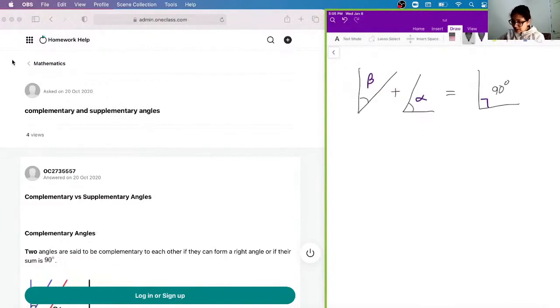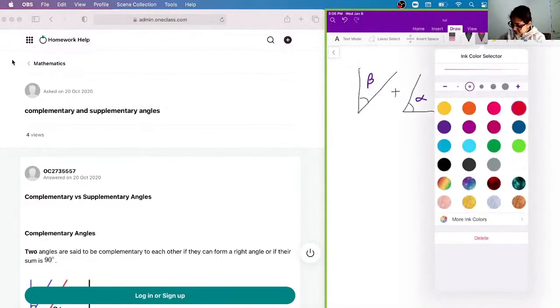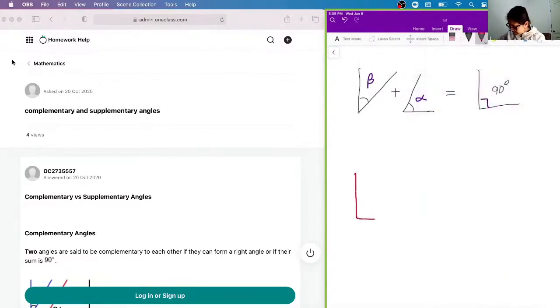However, if an angle is already 90 degrees, then there's no angle that is complementary to it. You can't add anything to a 90-degree angle and still get 90 degrees, so this is not complementary.